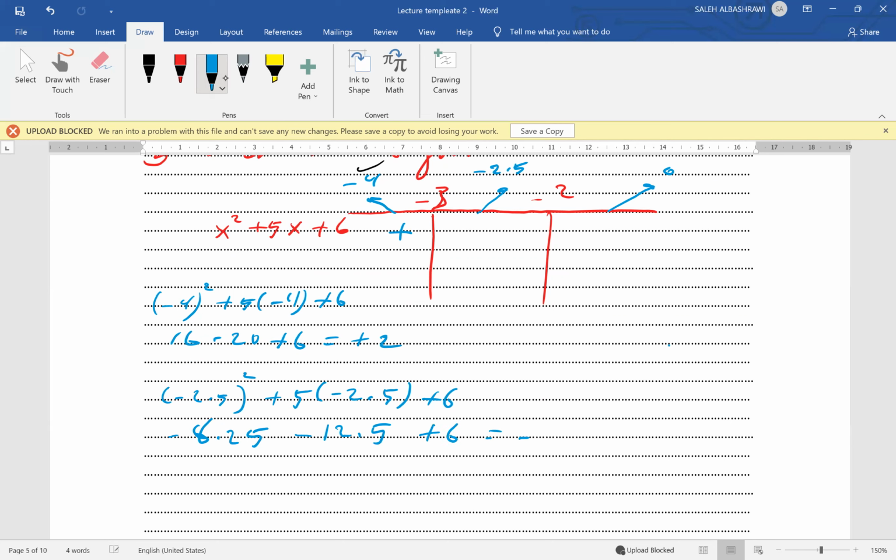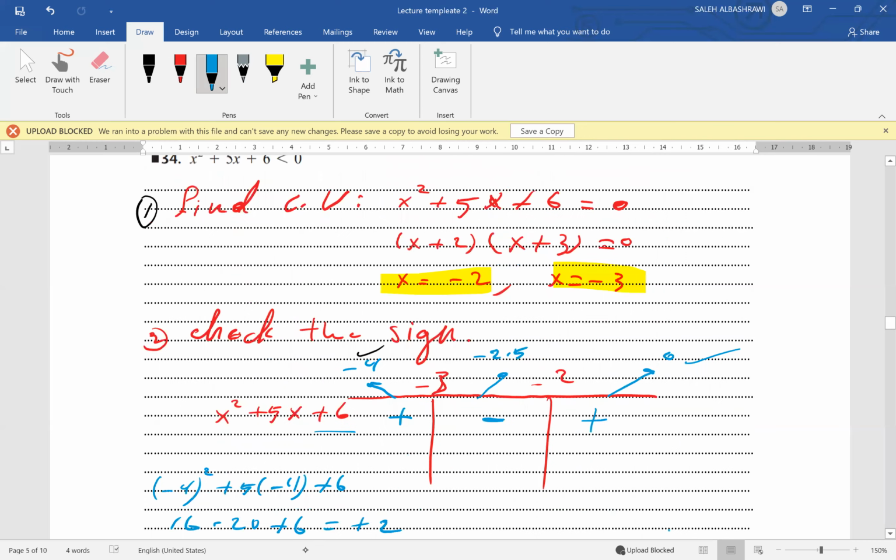We will have minus 0.25. So it is negative. For the third one, 0, replace x by 0. I will get only 6, that will be positive. So it is positive, negative, and positive.